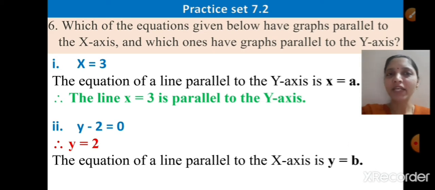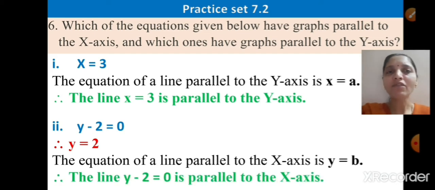So here b can be lesser than 0 or greater than 0. So here we have y is equal to 2. That means we can write here the line y minus 2 is equal to 0 is parallel to the x-axis because a line parallel to the x-axis has such kind of equation.